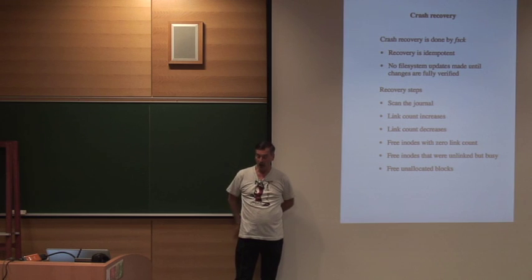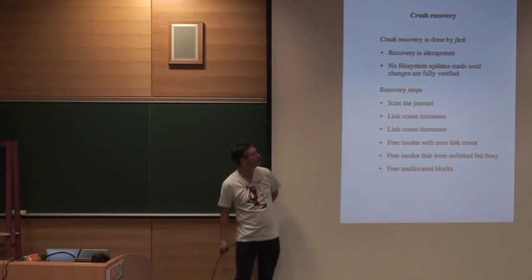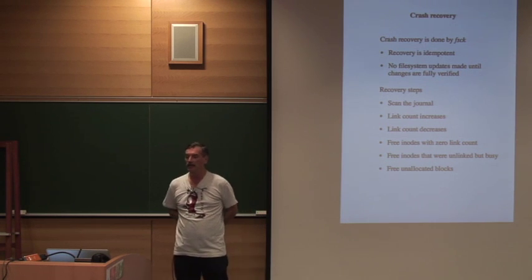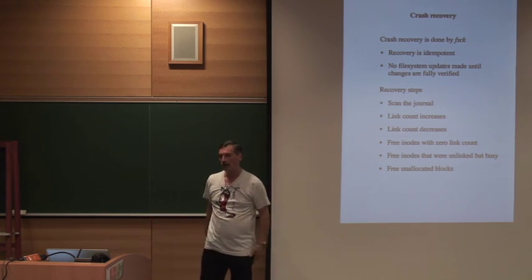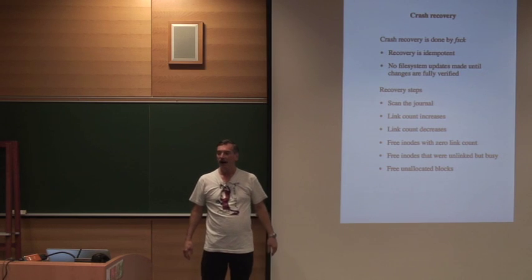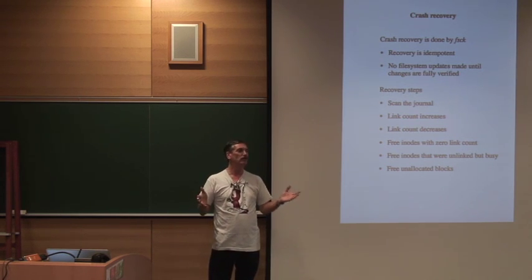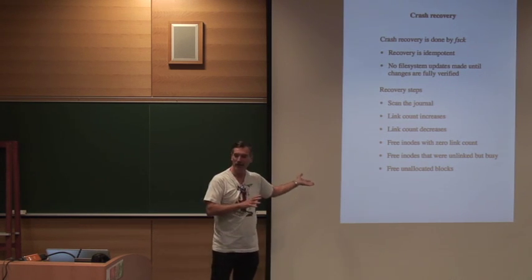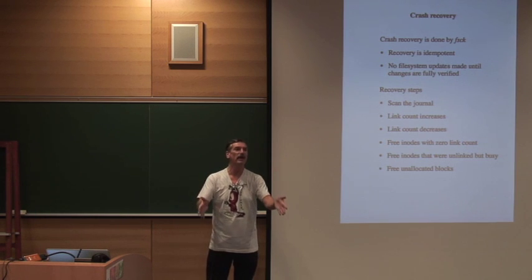And now the question is, how do we go about doing crash recovery? Well, crash recovery is done by the program that you've all come to know and love, FSCK, because the last thing that you want to do is to try and have to teach administrators or anybody that writes scripts how to do something new. And it's easy to just say, well, just run FSCK.